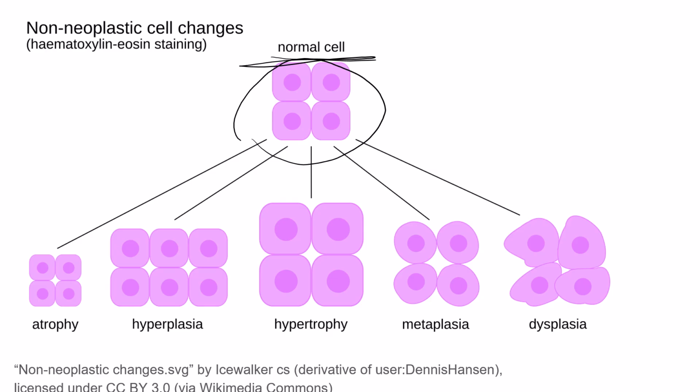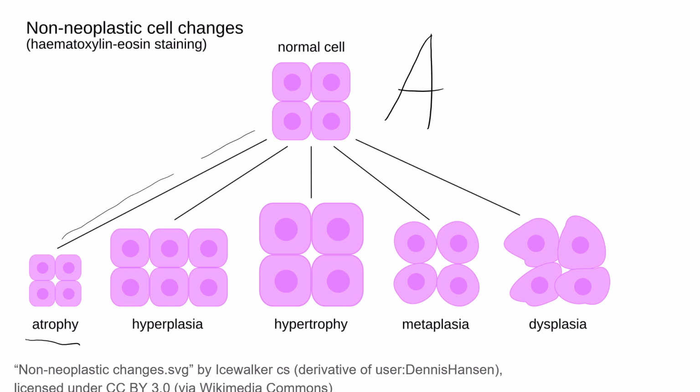There are different ways that our cells can change and respond to stress. The first one we call atrophy. Atrophy is where the cells get smaller. You can see here there are 4 cells and here there are 4 cells, but the cells got smaller.